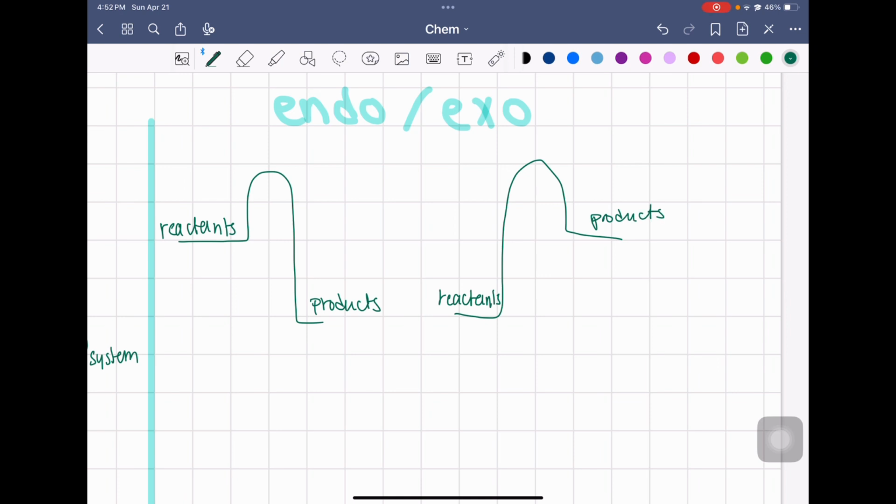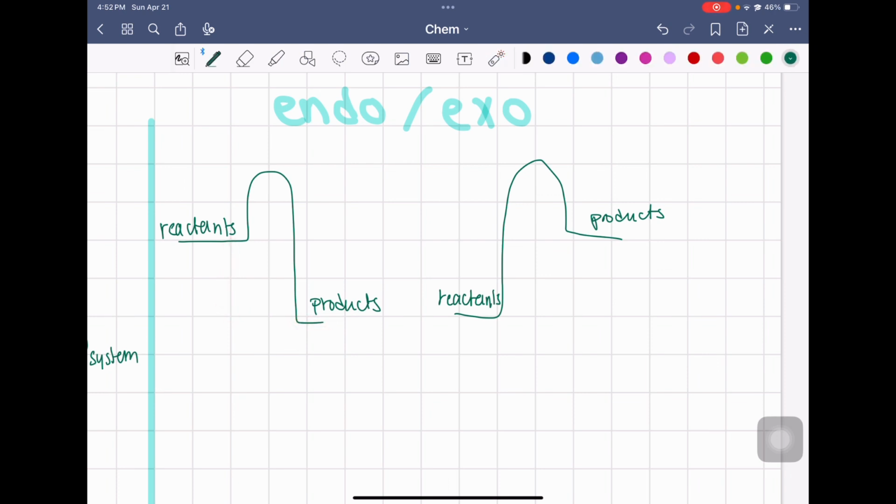So what's happening over here is our reactants are up here. We have our activation energy, which is this, EA, and then we're going back down here to the products. So in total, our reactants are losing some energy, which is going down to the products.